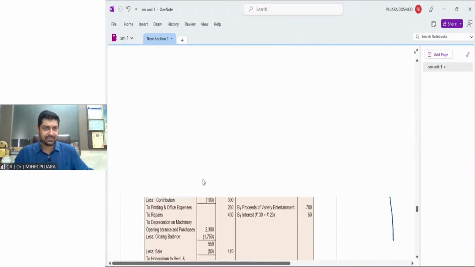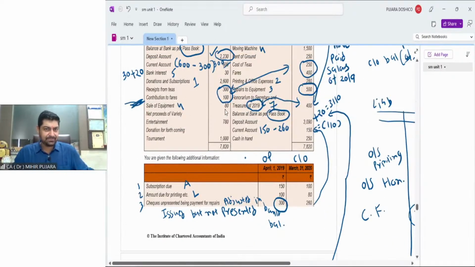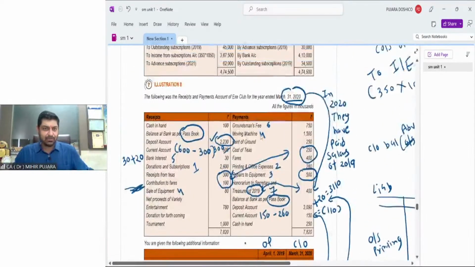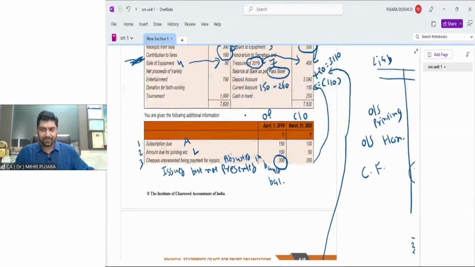Here, guys, see: sale of equipment 80 and moving machine 1500. So 1500 is purchase and 80 is sale.